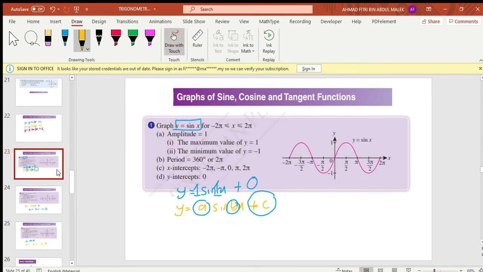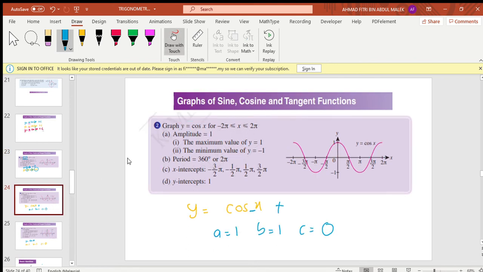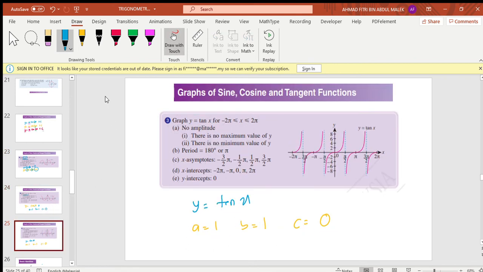So what do the values a, b, and c refer to? a refers to the amplitude. The same goes for the cos graph, it is also amplitude. But for the tangent graph there is no amplitude. Why? We will discuss it further later.